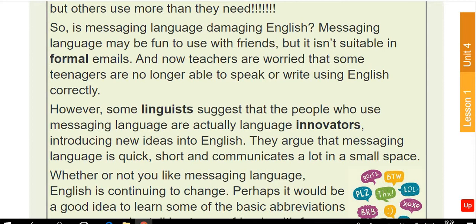However, some linguists suggest that the people who use messaging language are actually language innovators, introducing new ideas in English. They argue that messaging language is quick, short, and communicates a lot in small space. Okay, very good.